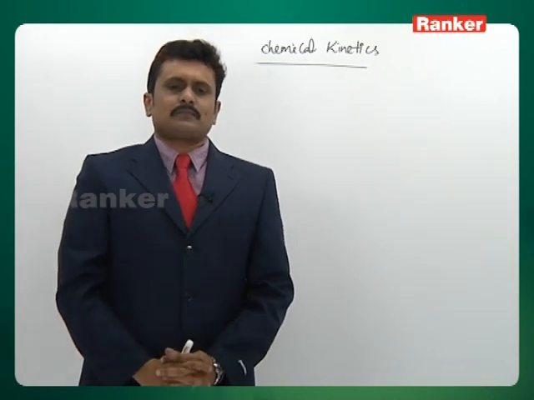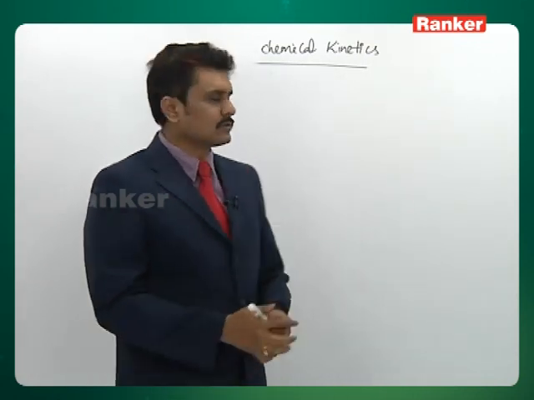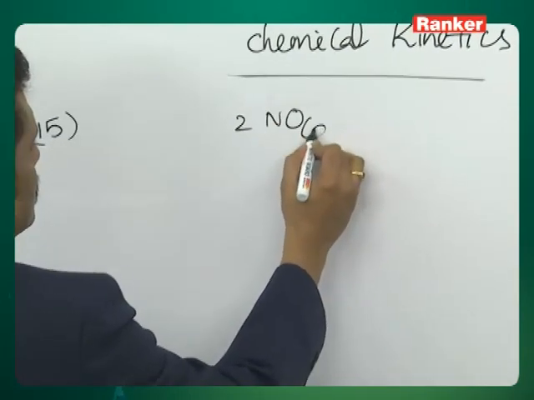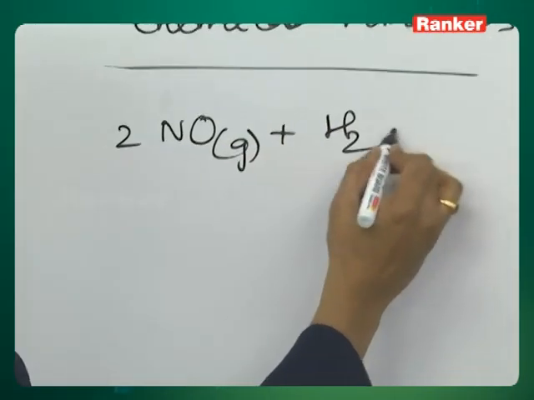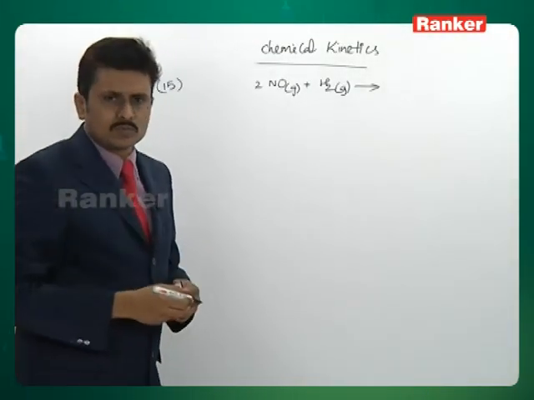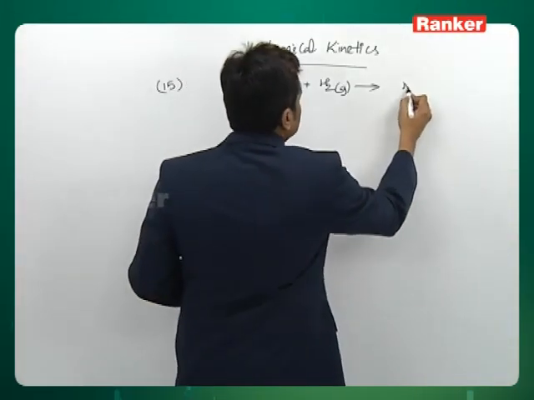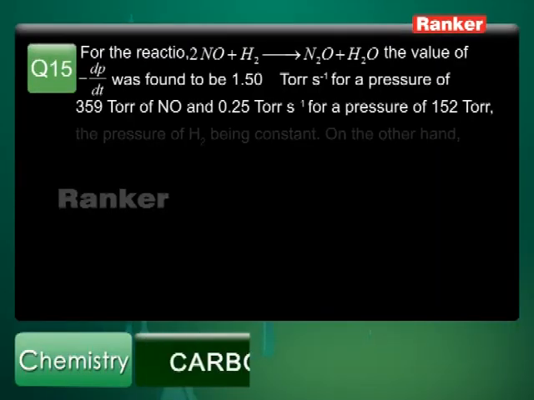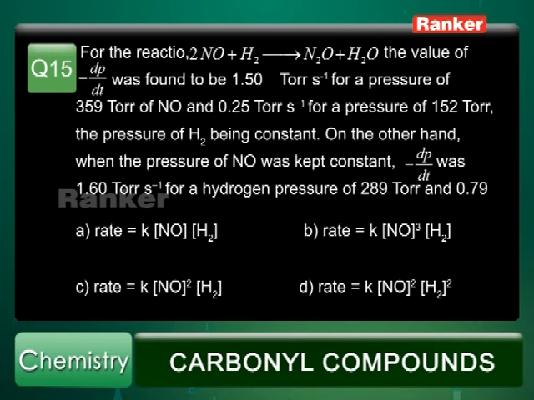For the reaction where 2 moles of nitric oxide are reacting with H2 in gas phase to give you N2O as well as H2O, and a pressure of H2 as 147 torr, you have been asked to determine the order of the reaction with respect to NO as well as H2.